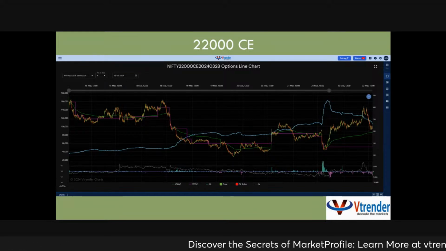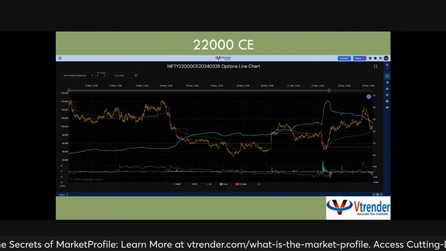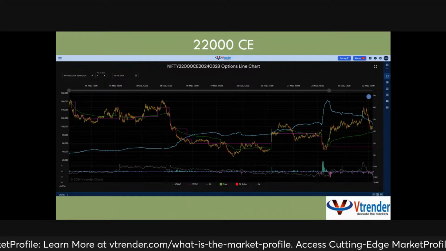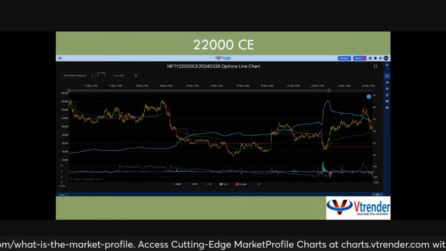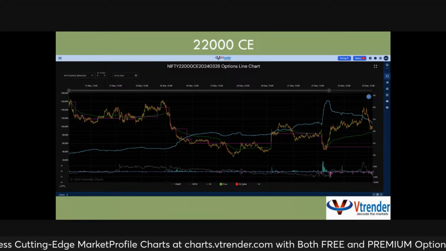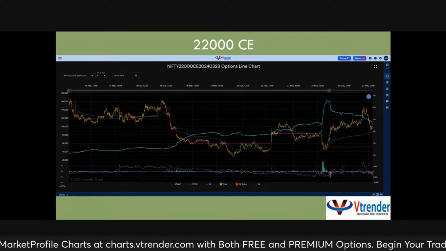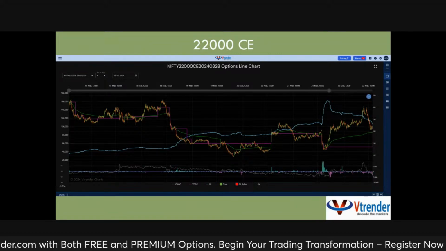So what happened on 22nd is, in the rise we had, the call options stalled right at the 300 level, which was the previous highest POC of this call option till then, and it came back to close at 200. So that is what we had discussed in our presentation last week.